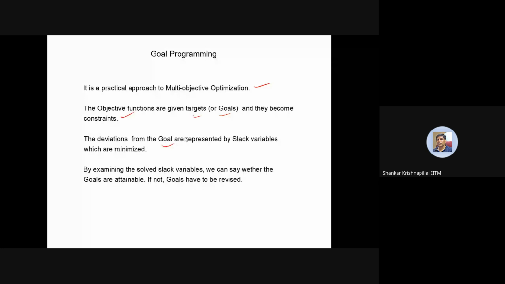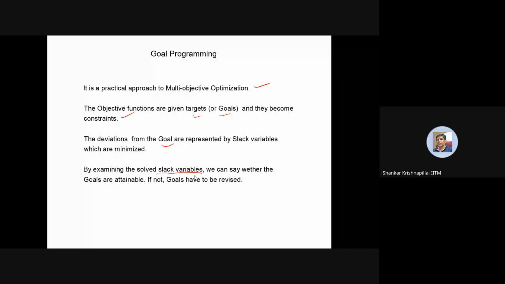By looking at the solved slack variables, we can say whether the goal is attained or not. If it's not, then the goals have to be revised. Okay, so this is a totally unconventional approach to multi-objective optimization, which is not used by many people because they don't know this method.